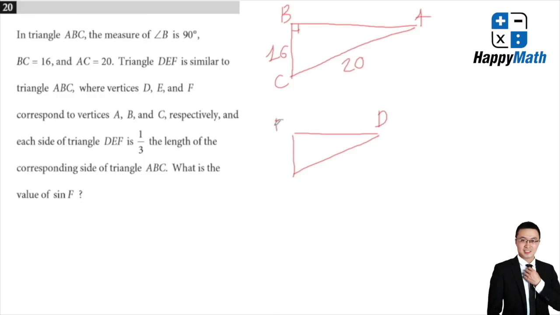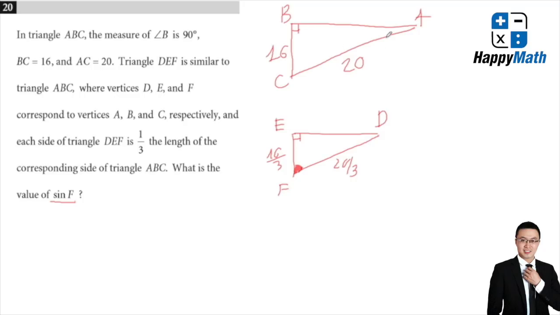D, E, and F here. Each side of DEF is 1/3 of the length of the corresponding side of triangle ABC. You can imagine that this one is 16 divided by 3, and this is 20 divided by 3. The question asks you about the side F.